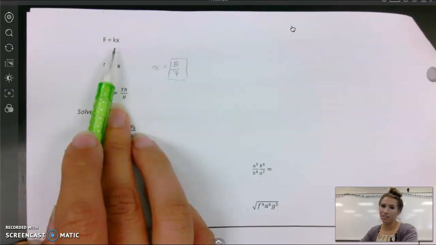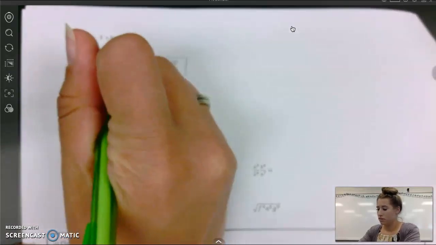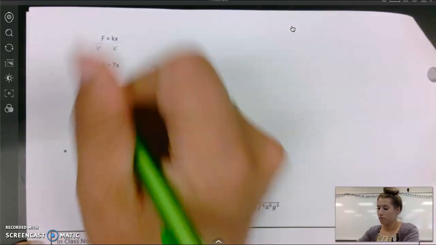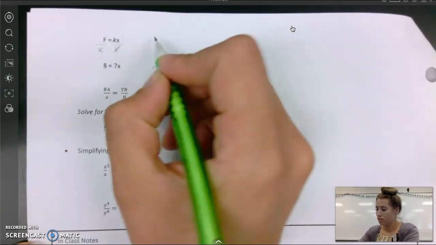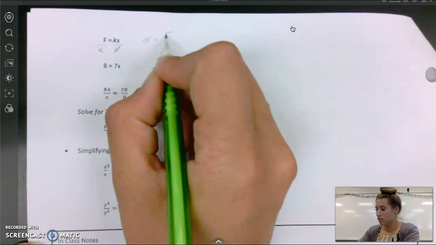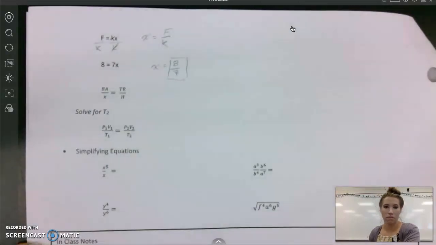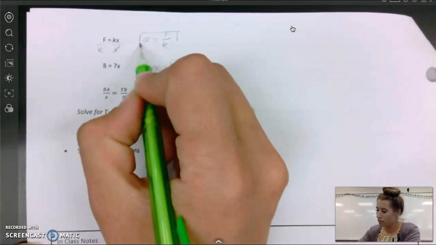So if I want to get x all by itself, then I'm going to need to divide by k and divide by k. So now the k values cancel. So x is going to equal f divided by k. Put a square around my final answer there.